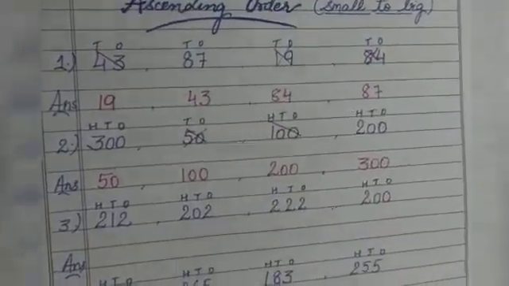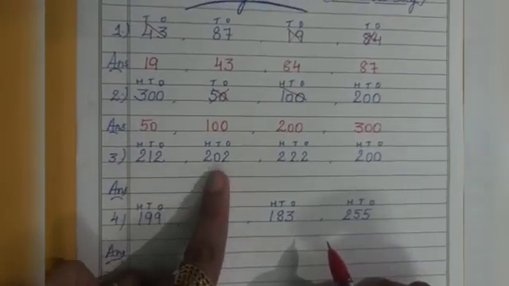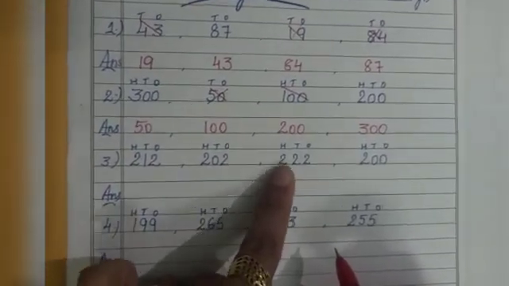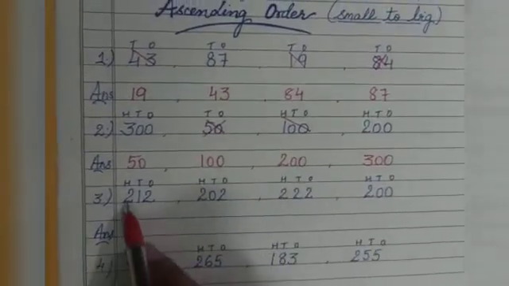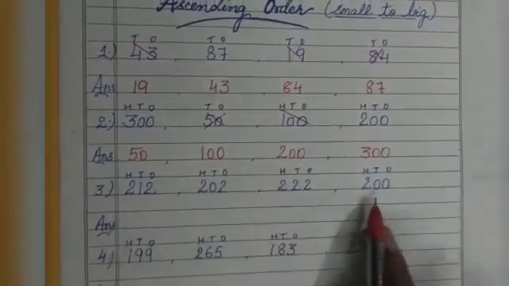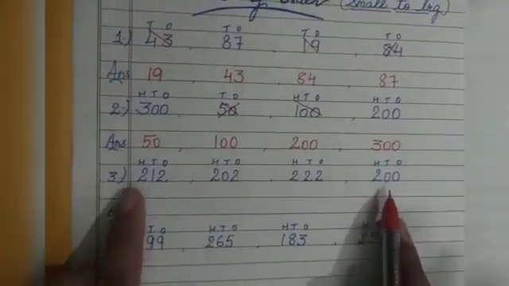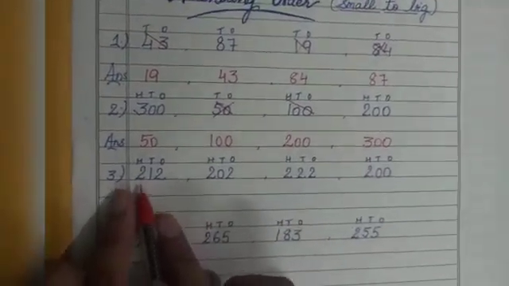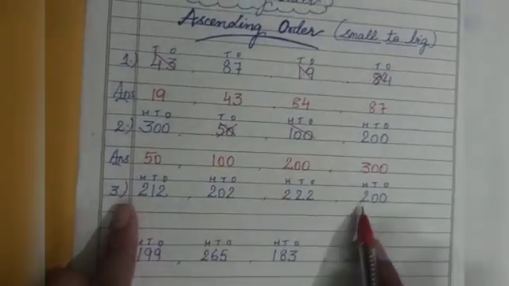The third one, that is 212, 202, 222, 200. Over here again these are 3-digit numbers, so we need not worry about ones and tens. We will see the hundreds place. Over here it's 2, over here again it's 2, here also 2, here also 2.